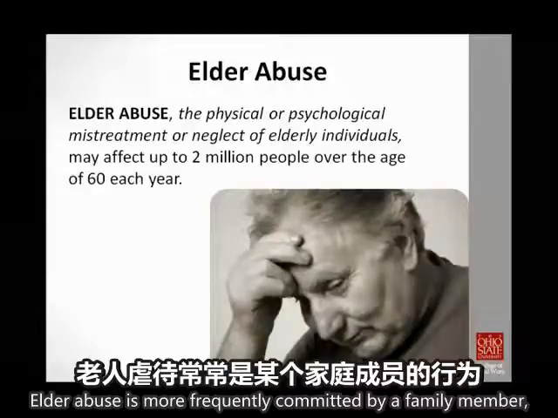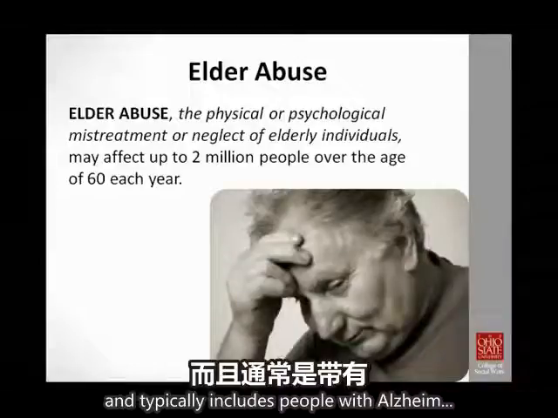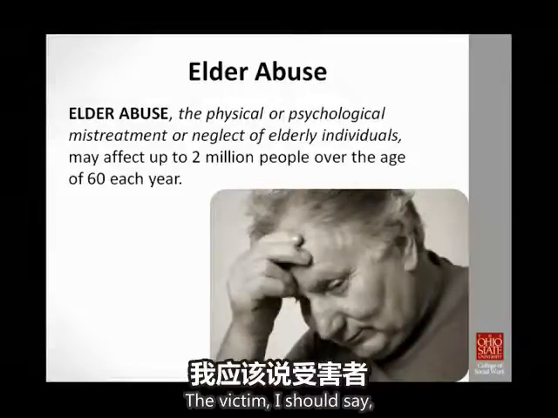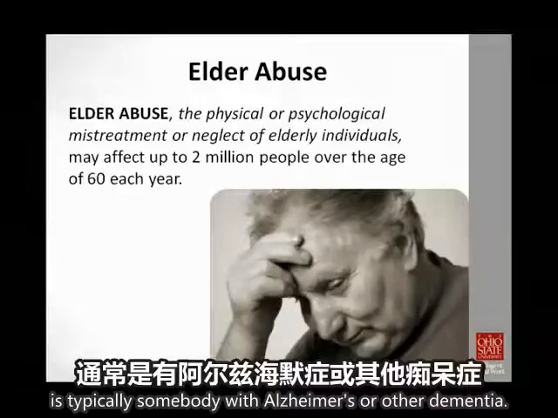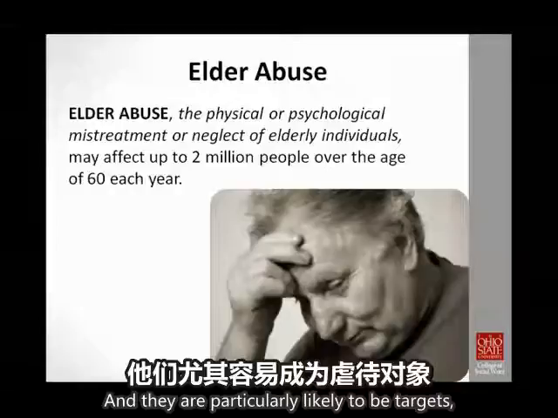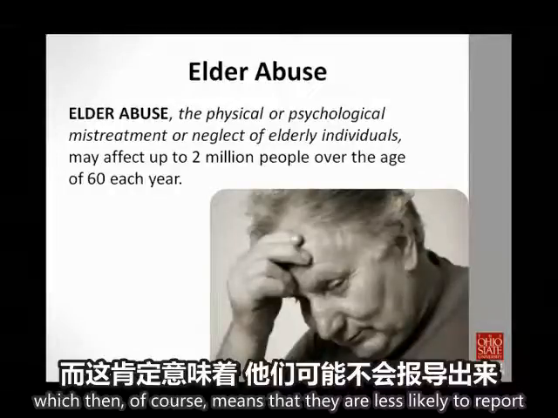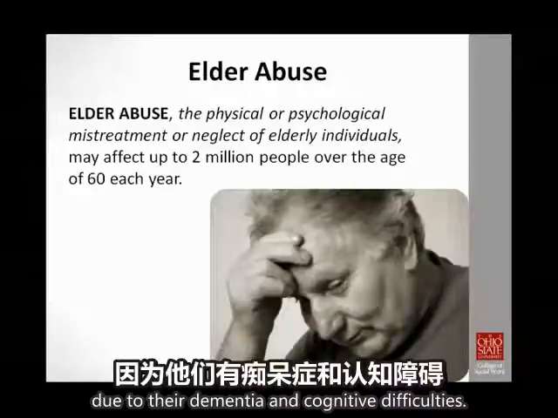Elder abuse is most frequently committed by a family member. The victim, I should say, is typically somebody with Alzheimer's or other dementia, and they are particularly likely to be targets, which then of course means that they are less likely to report due to their dementia and cognitive difficulties.